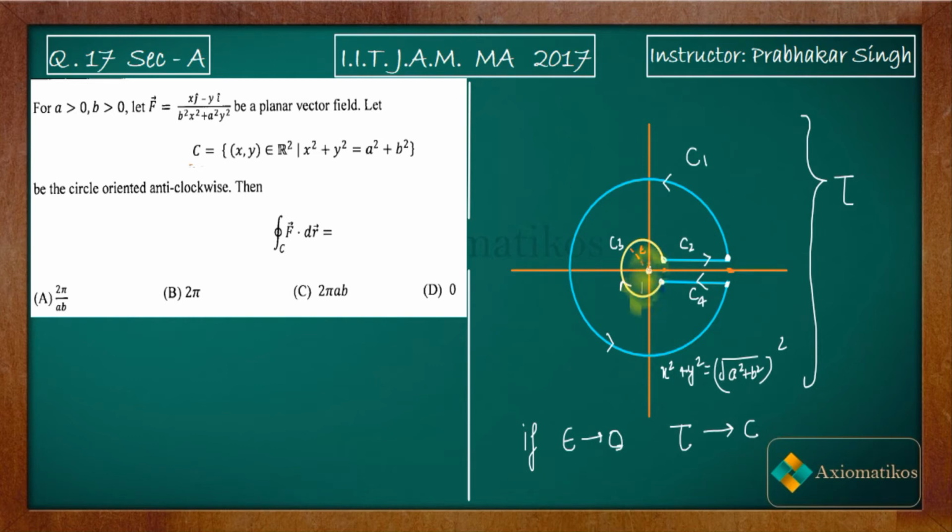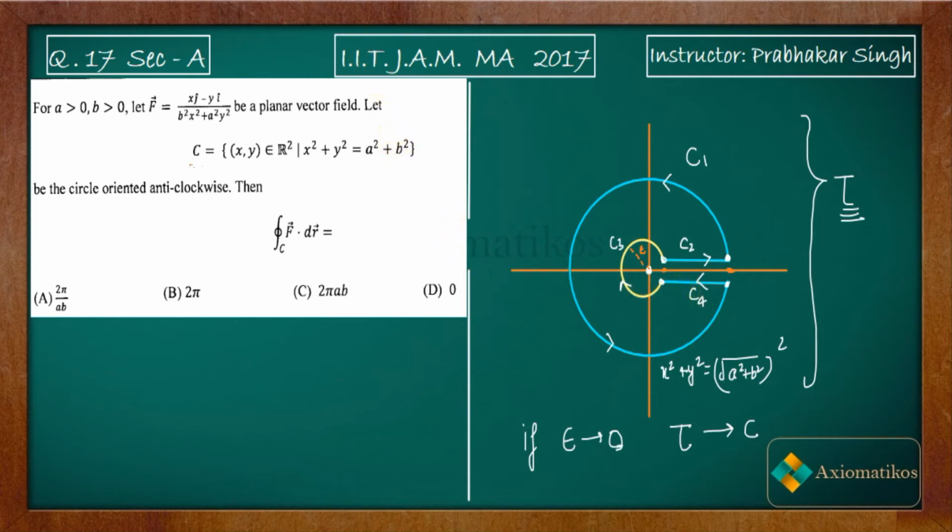Now inside your figure, inside your tau, the origin is not inside it. That means you can apply Green's theorem on this figure, on this region. Because the origin is not inside this region, we can apply Green's theorem. So by applying Green's theorem, this problem will be very easy.